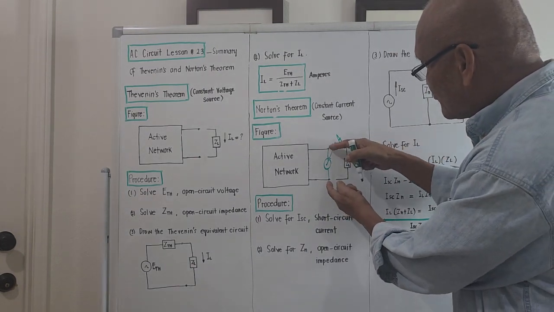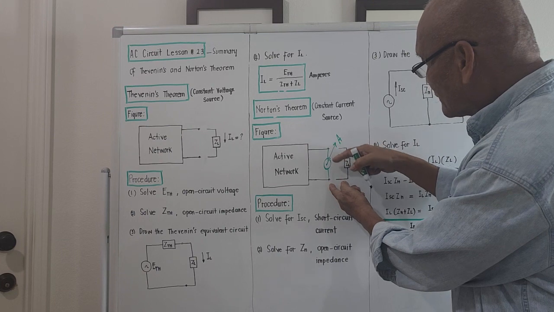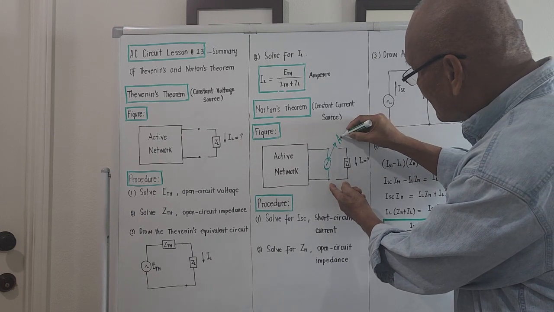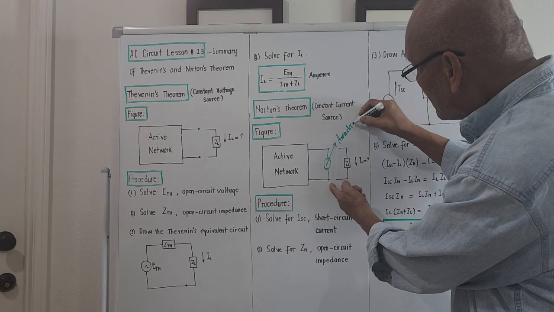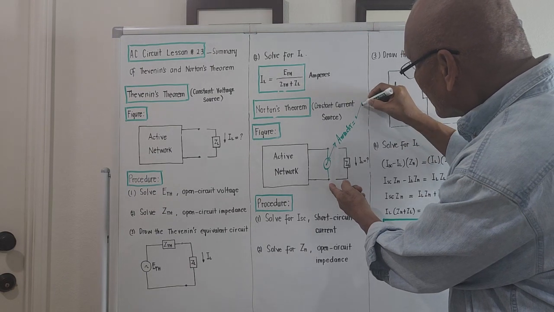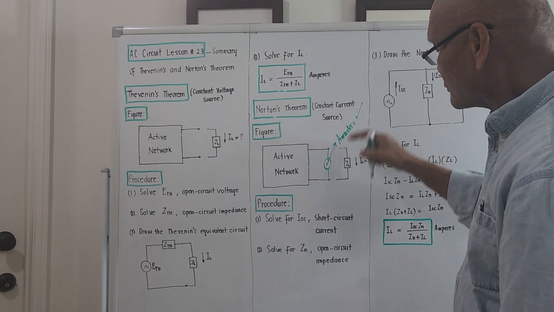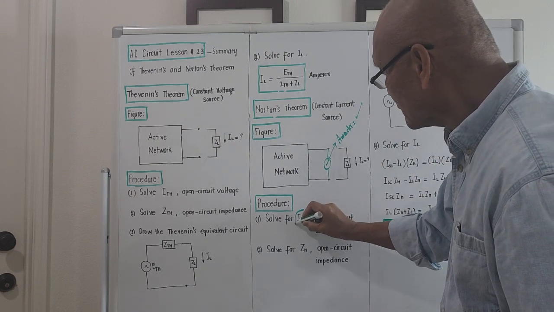Disconnect the load, you short the terminal, but connect in series an ammeter. Okay? And take the reading. And that reading is termed as I short circuit.